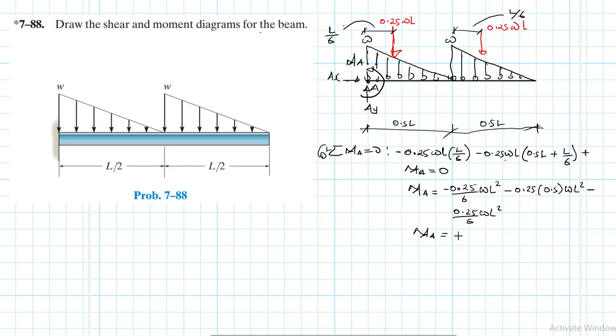So this gives us 0.2083WL squared. Is that correct? 0.25 divided by 6, minus 0.25 by 0.5, and minus 0.25 divided by 6.